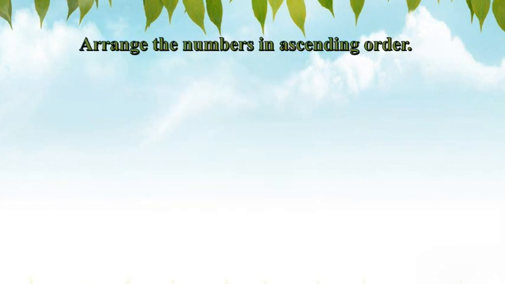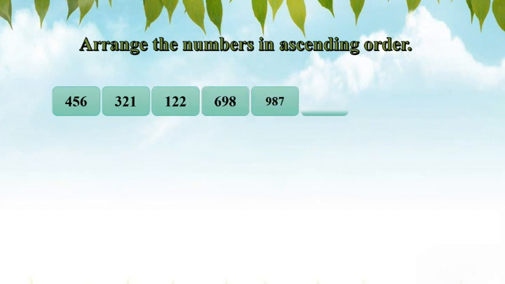Okay, this is another task for you. In this task you have to arrange the numbers in ascending order. We already learned ascending and descending order, right? I hope you know the meaning of ascending and descending. Okay, what is the meaning of ascending?